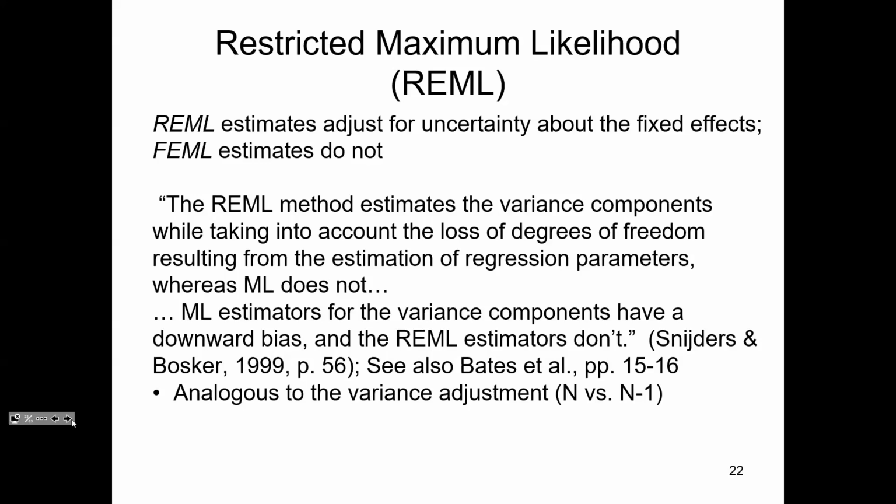That works in large samples, but remember what I said about consistency. If you have a small sample, there's some degree of bias introduced, and we need to take into account degrees of freedom. So we use n minus 1 because that gives us an unbiased estimate of the variance in a small or finite sample.